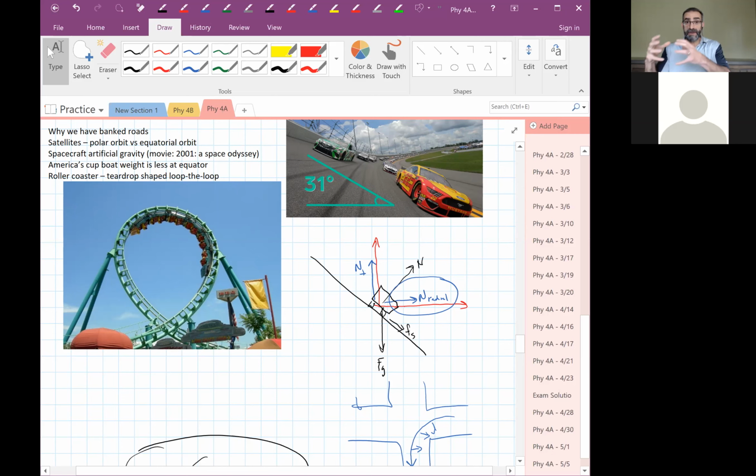Then they shipped their boat to where the race was being held, and their boat failed. It weighed too much. They had to rip stuff out of the boat to make it lighter, because they weighed it near the equator where they built it, and they moved it to where the race was being held, which was off the equator, and it failed the weigh-in there.